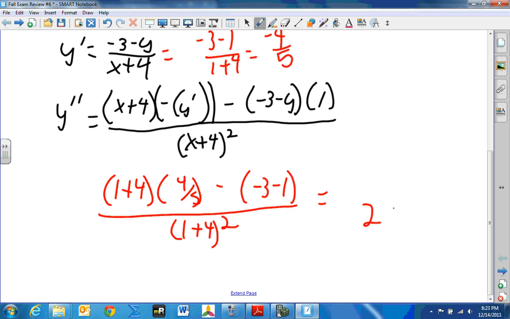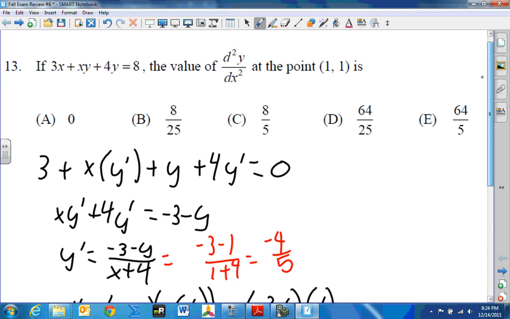Okay, our denominator looks like it's 25. 1 plus 4 is 5, times 4/5 would give us 4, minus negative 3 minus 1 is negative 4. So it looks like we get a final answer of 8 over 25 for the second derivative at that point. So our answer would be letter B.